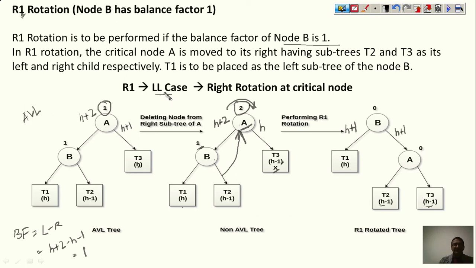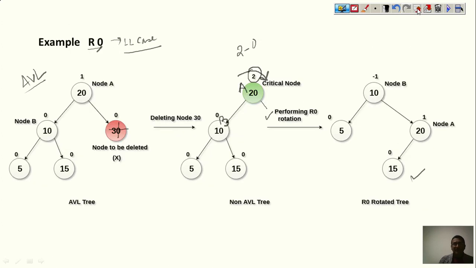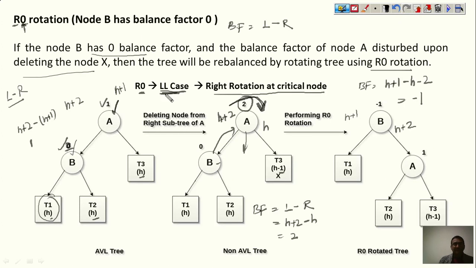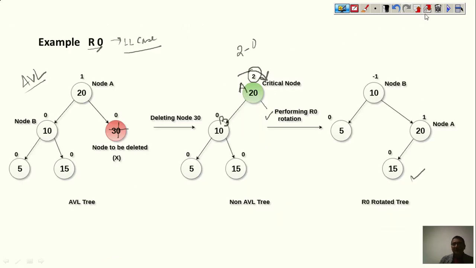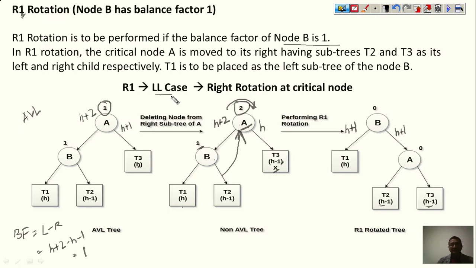Again we are doing almost the LL case here. Just keep in mind, as with R0 rotation, in the R1 scenario also we did the LL case.